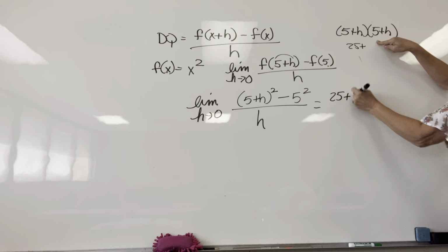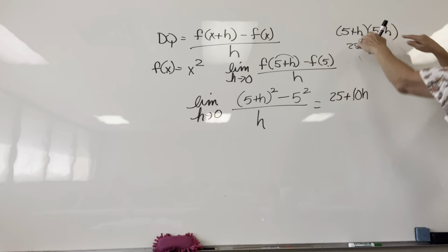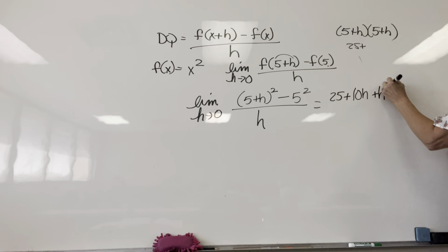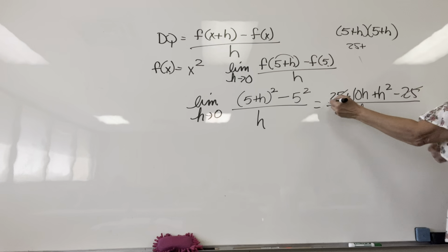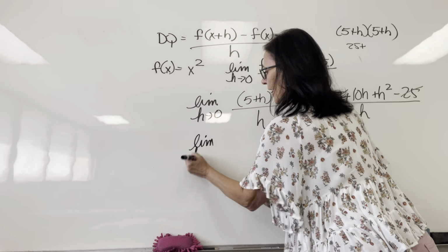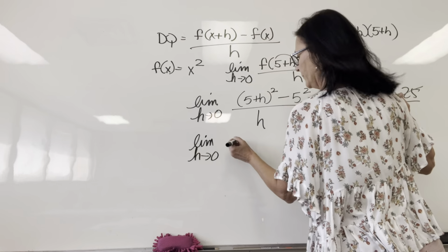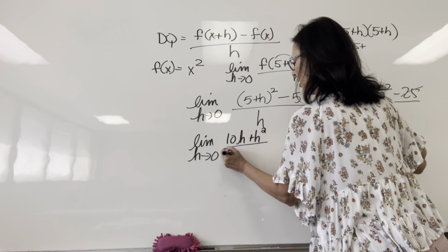So plus 10h plus h squared minus 25 all over h. Our 25s cancel out. So we're left with the limit as h approaches 0 of 10h plus h squared all over h.